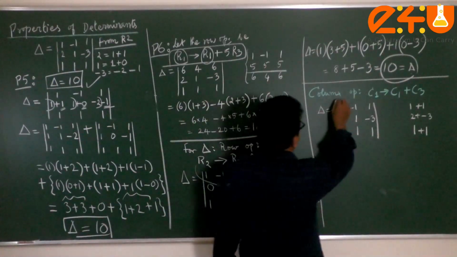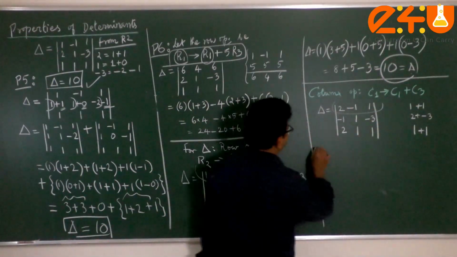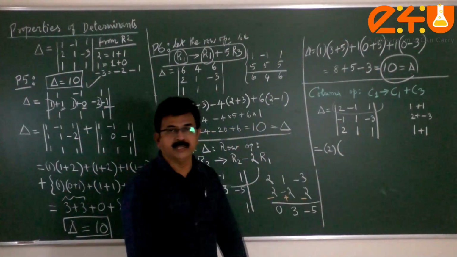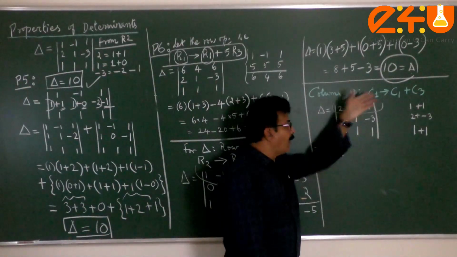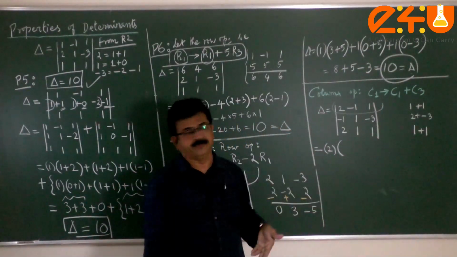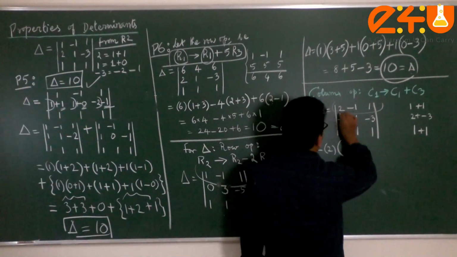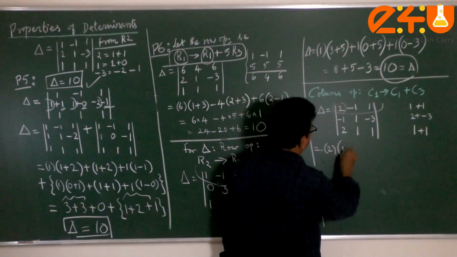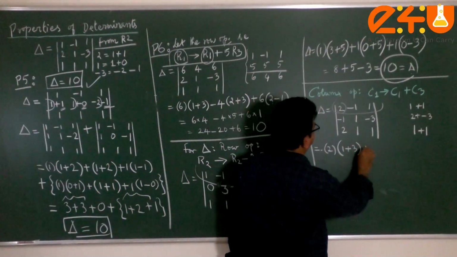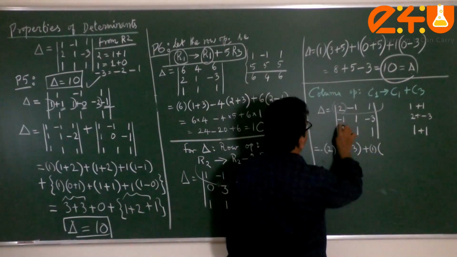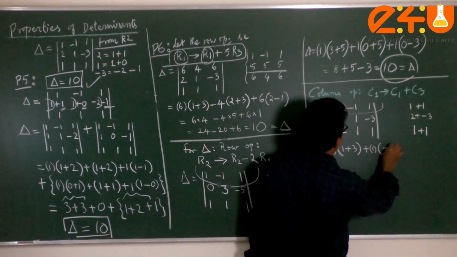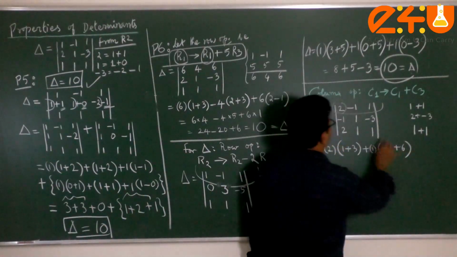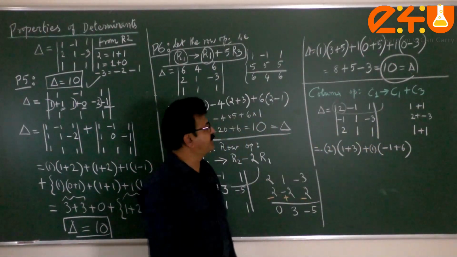Now try to expand by row 1. The students are free to expand by any method. There are 3 rows, 3 columns, 6 ways to expand. I am expanding by row 1. So 2 followed by cofactor 1 minus of minus 3, plus 1 into cofactor minus 1 and plus 3 into 2, that gives positive, minus of minus, plus 6.